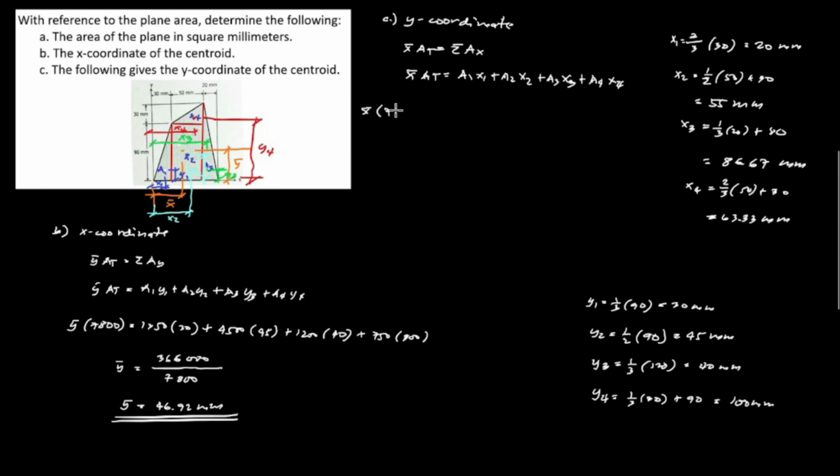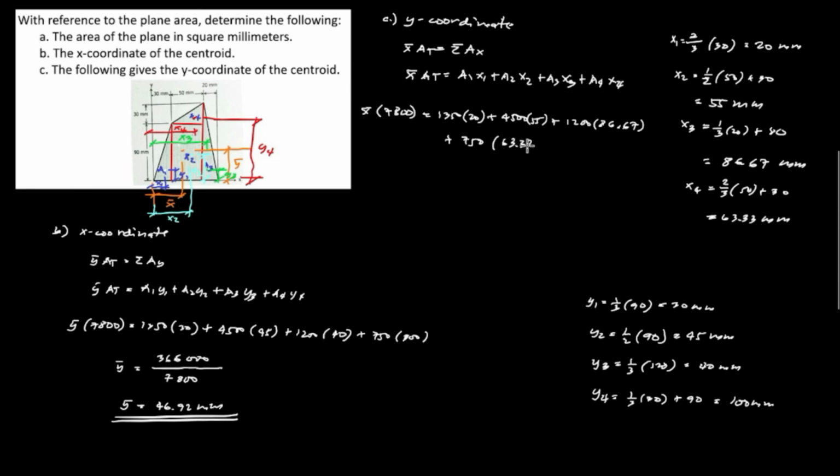X bar times 7,800 for the area total is equal to A sub 1, which is 1,350, multiplied by x sub 1, or 20 mm, plus A sub 2, which is 4,500, times x sub 2, 55 millimeter, plus A sub 3, 1,200, and x sub 3 is equal to 86.67, plus A sub 4, which is equal to 750, multiplied by x sub 4, or 63.33.